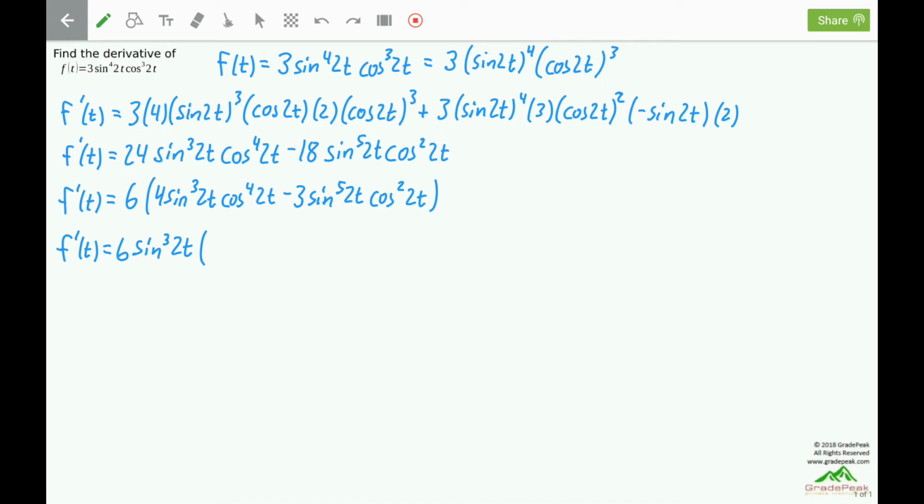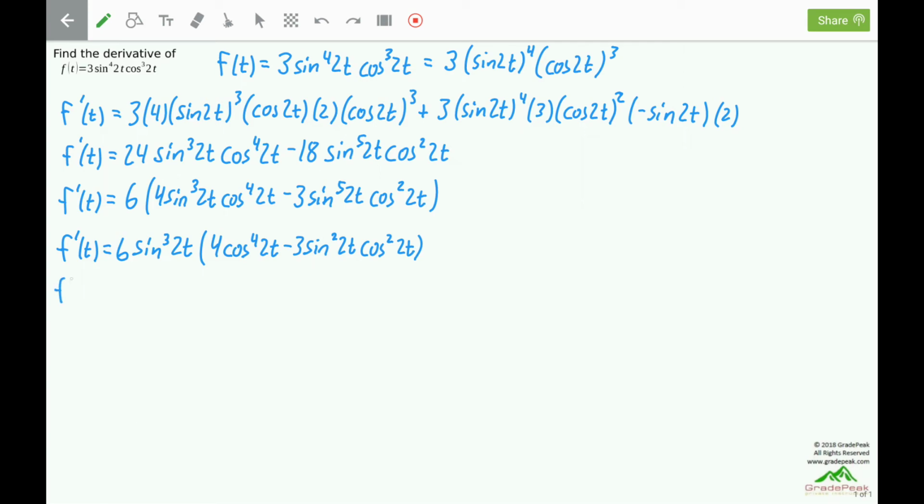If you take 3 away from 3, it's a 0. Anything raised to 0 is a 1, so all that goes away. And we'll take away 3 of these, leaving 2 behind. So there's what we should have left over: 4 cosine to the 4th of 2t minus 3 sine squared 2t, and then cosine squared 2t.